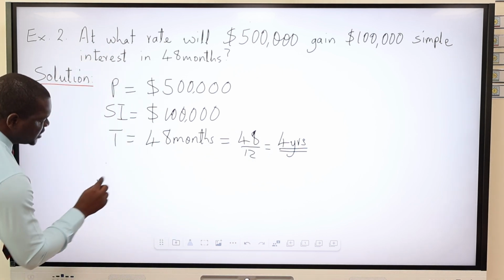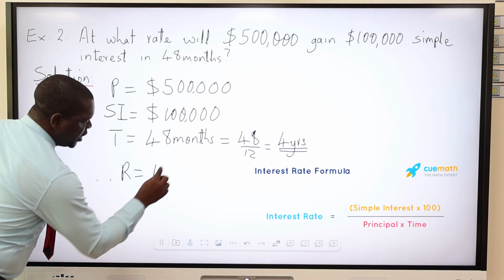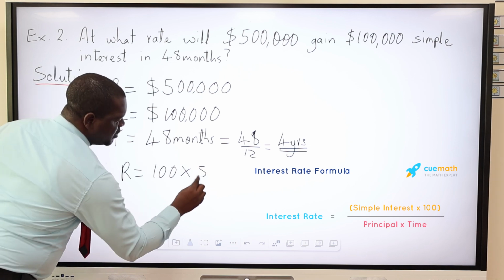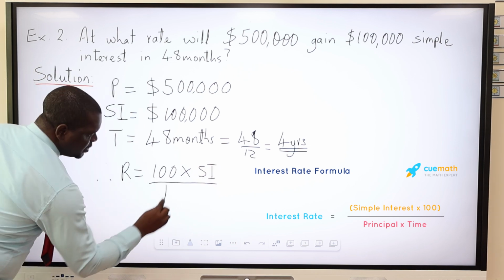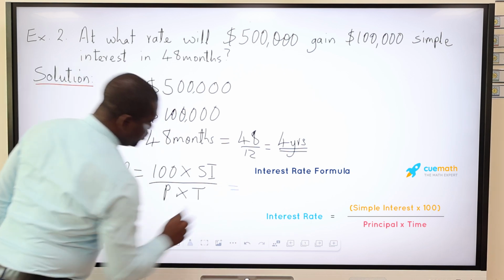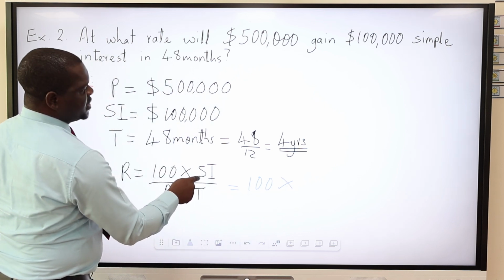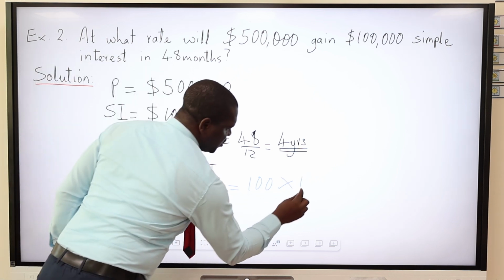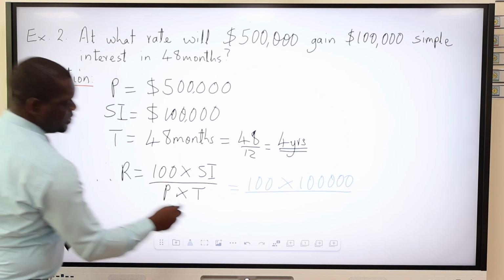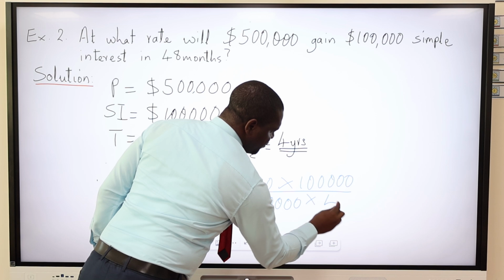Now we calculate our rate will be equal to the rule, as usual, 100 times simple interest divided by principal times time. And we can substitute this to be equal to 100 times the simple interest, and simple interest here is $100,000. This divided by principal, which is $500,000, times the time, which is 4 years.